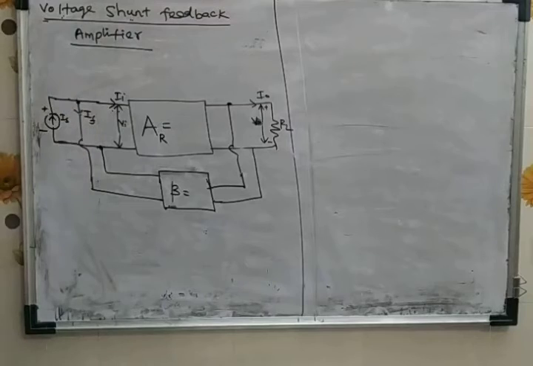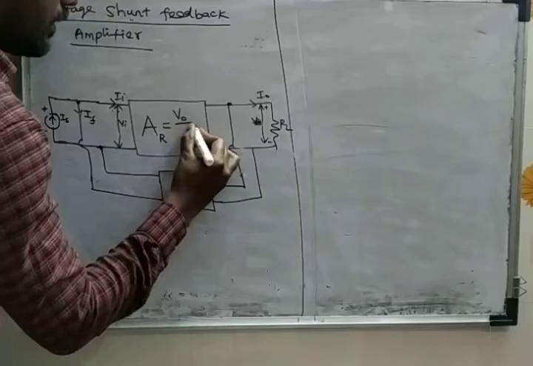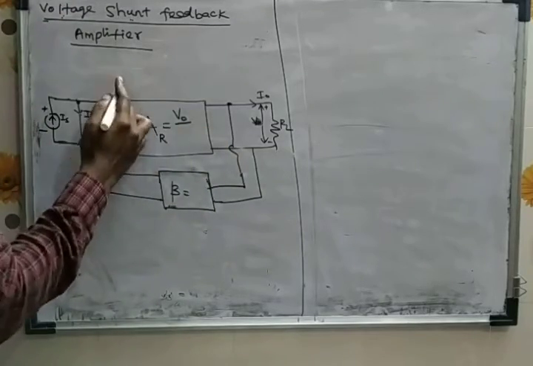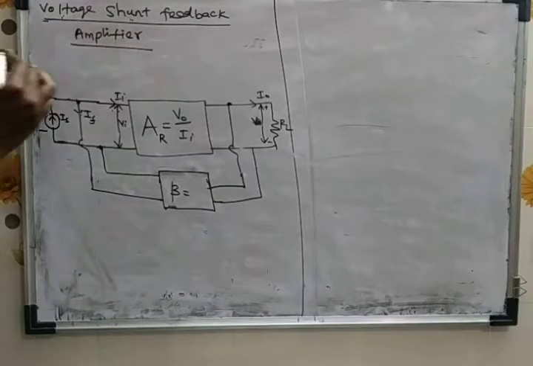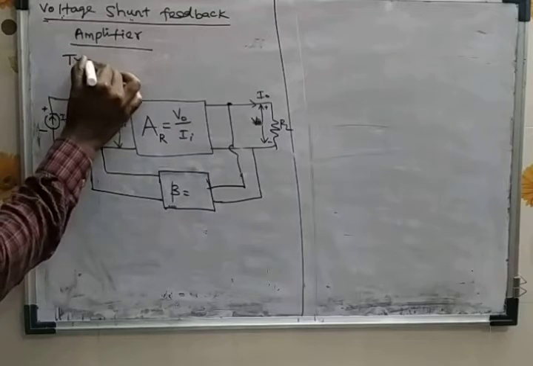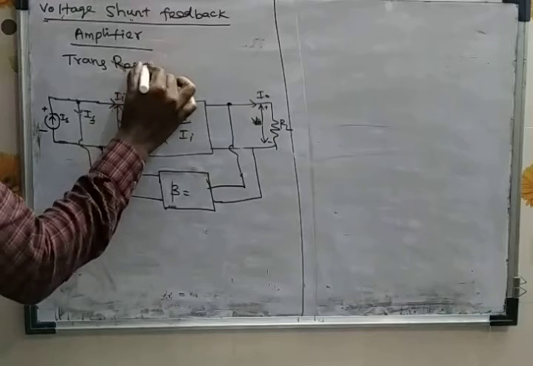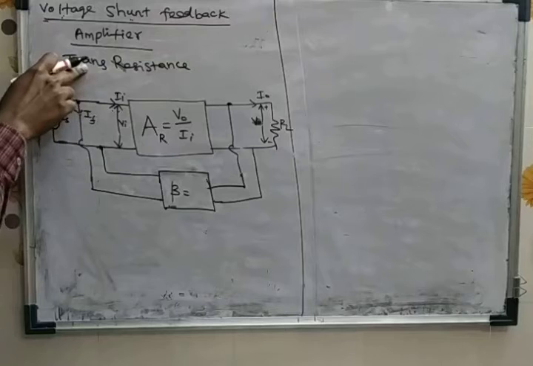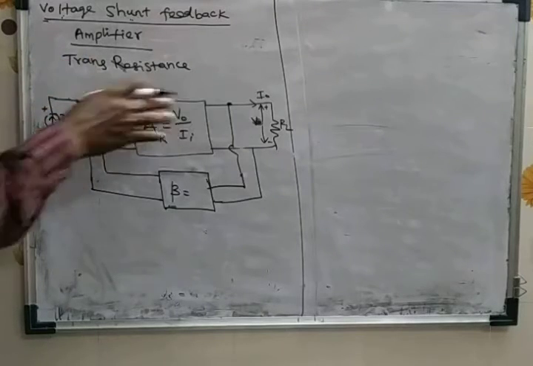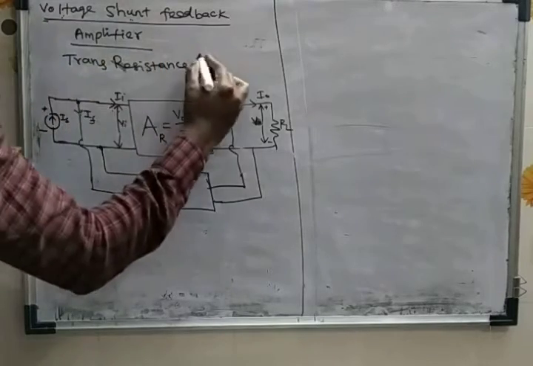So AR is equal to V0 divided by, without feedback, IA. This is also called trans resistance. Trans gives the relation between input and output, so output voltage to the input current. So it is a trans resistance amplifier.